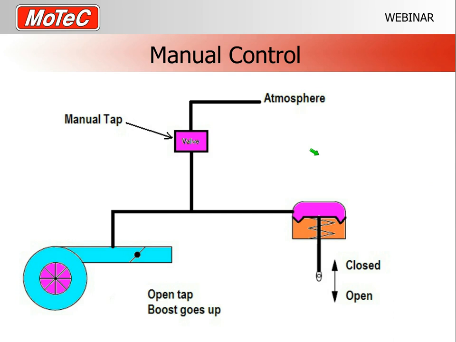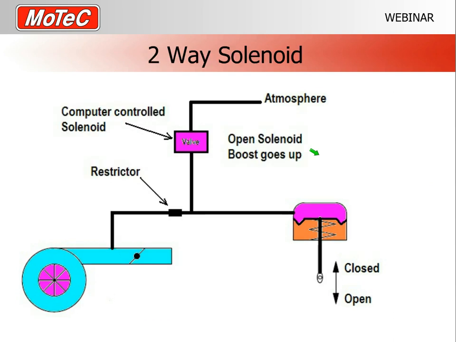Next system, manual tap, bleeds air away from the line going to the wastegate actuator. As the air goes away, it means less reaches the actuator, therefore more boost in the compressor before the wastegate opens. Simple system, works very well.